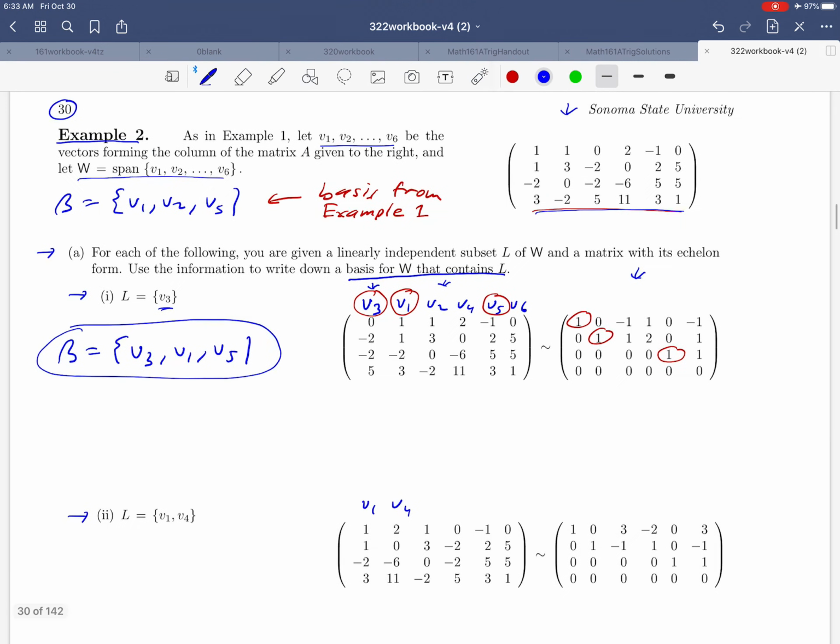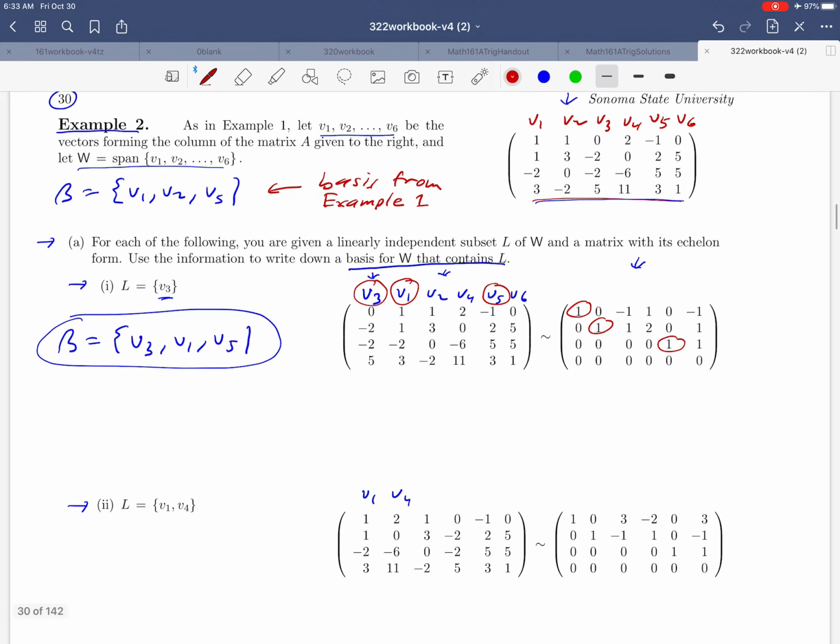And I'm just going to remind you, I probably should have done this earlier, the matrix that they gave us at the beginning just contains the vectors in the order that we started with. So just think about that as we go through it. This matrix that we're looking at down here has v1 and v4 as its first 2 columns, and then v2, v3, v5, and v6. Same 6 vectors, we've just changed the order again.